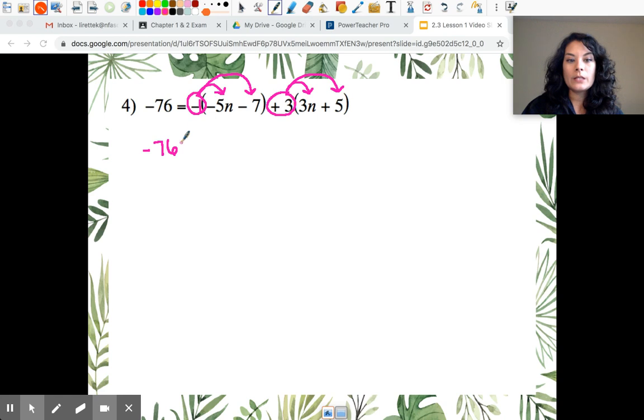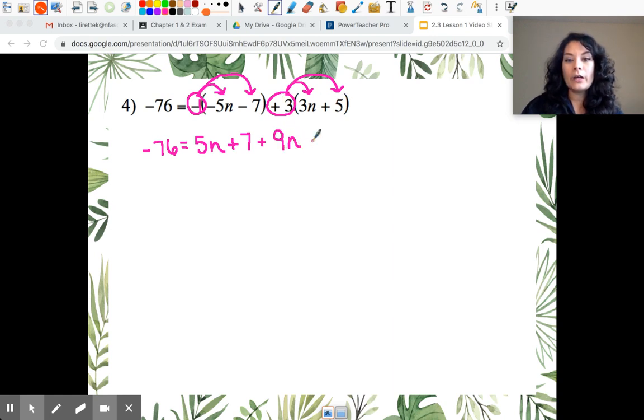-76 equals comes down, and I just start multiplying. -1 times -5n gives me a +5n. -1 times -7 gives me a +7. +3 times +3n gives me a +9n.